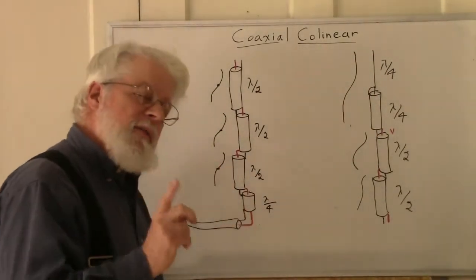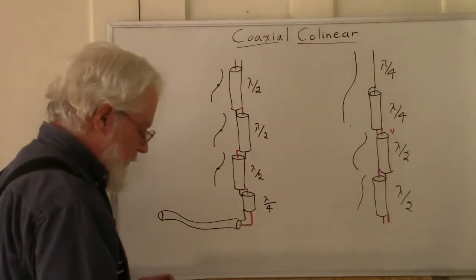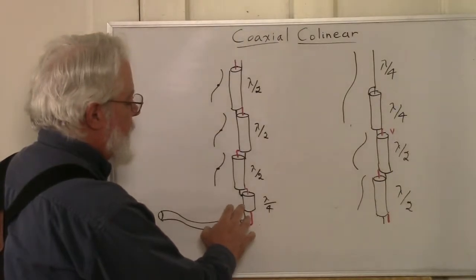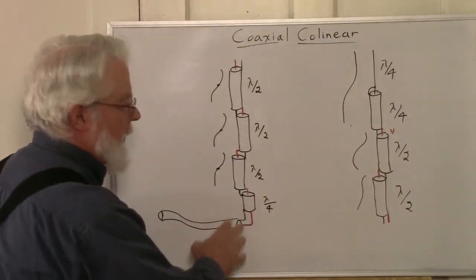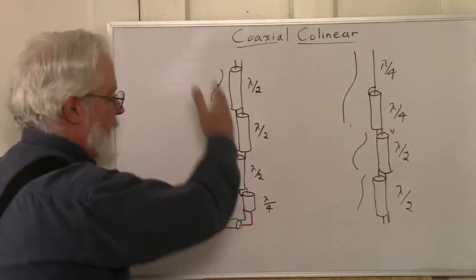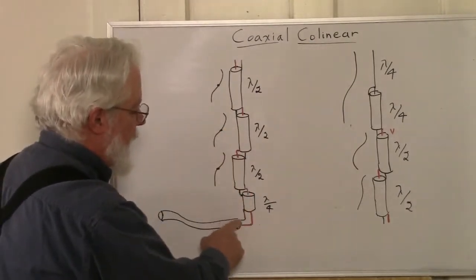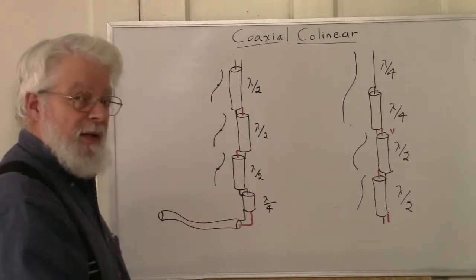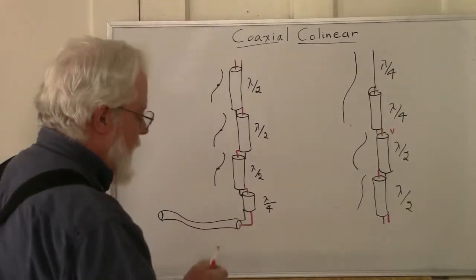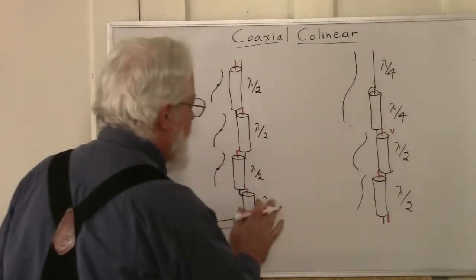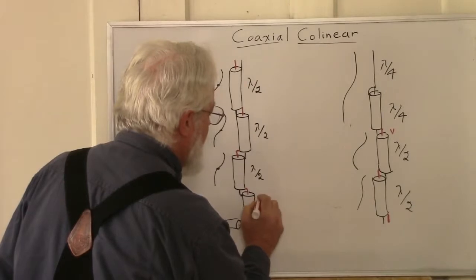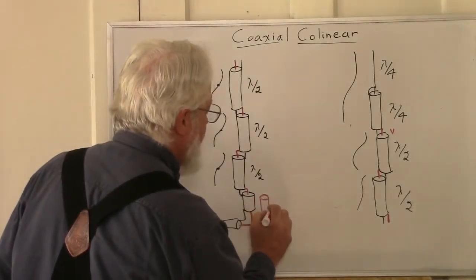Now there's one thing that I've left out I want to come back to. There's no balancing going on here for any RF currents that may want to continue flowing on this shield connection and back down the coax. So what they've done is they've taken another quarter wave section. I can draw it in red.